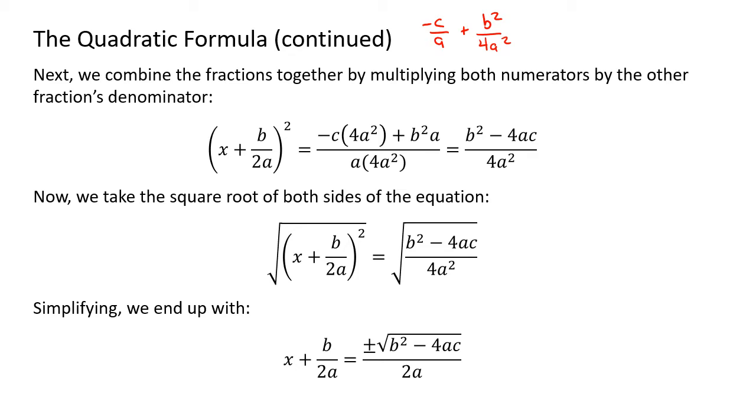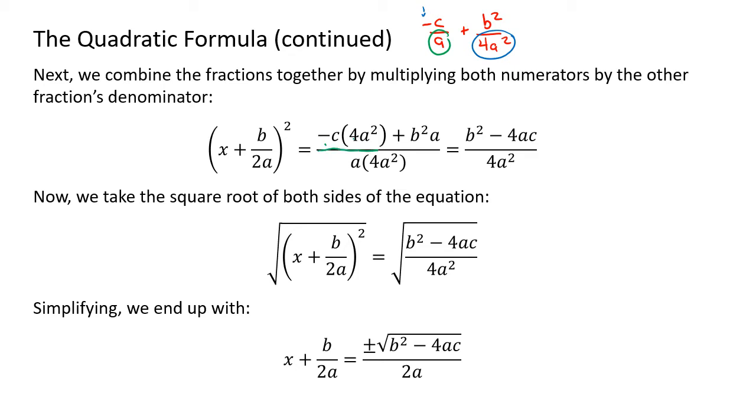In other words, the first term, negative c over a, gets multiplied by the denominator of the second term, 4a squared. And the second term, b squared divided by 4a squared, gets multiplied by the denominator of the first term. So what we're left with when we combine these is negative c times the other term's denominator, 4a squared, plus the second term, b squared, multiplied by the first term's denominator, which is a.